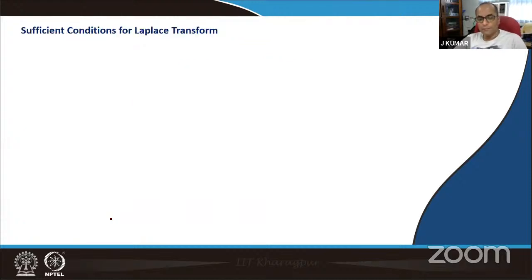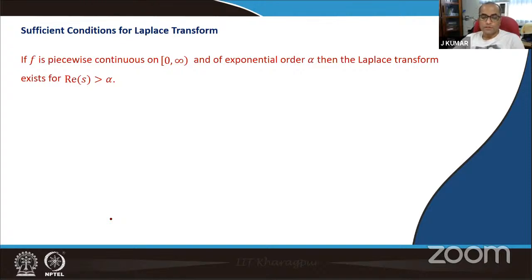Well, the important part here is what are the sufficient conditions on our function f so that this Laplace transform exists, because as I said, there are many functions for which we cannot talk about the Laplace transform, because that improper integral may not always converge.